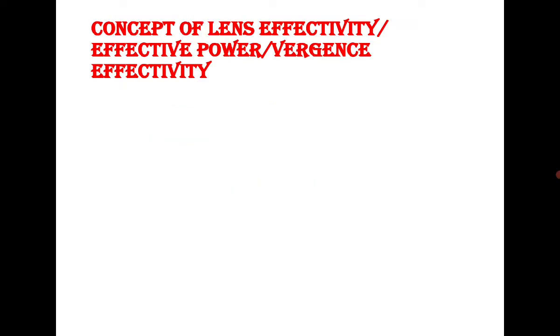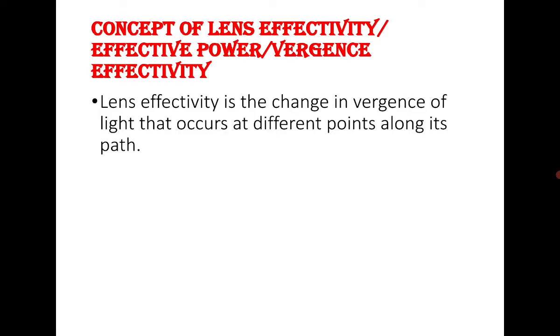So I'm going to move now to lens effectivity, effective power and vergence effectivity. By definition, lens effectivity is a change in vergence of the light that occurs at a different point along its path. So I'll tell you how. Let's take an example with a plus lens first, because plus is easier.